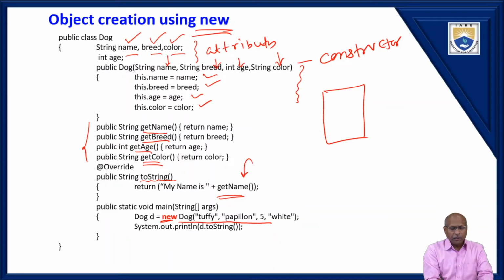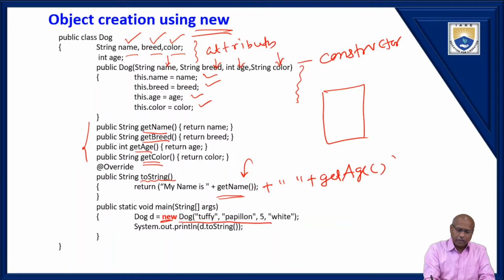Of course, if you want, you can add the color also, using plus and getColor. Whatever you want, you can write this way. So when you call toString method, automatically the object will be printed.